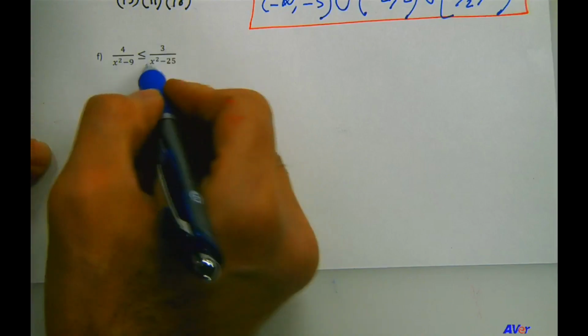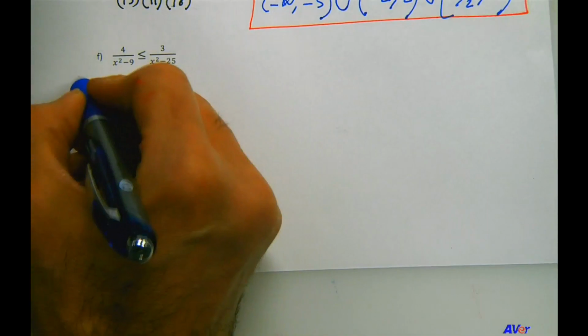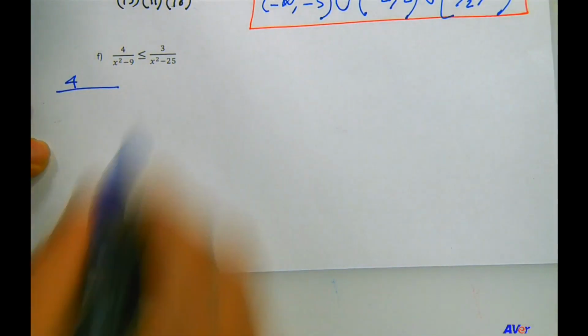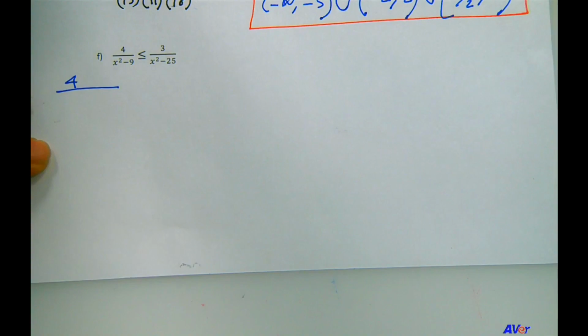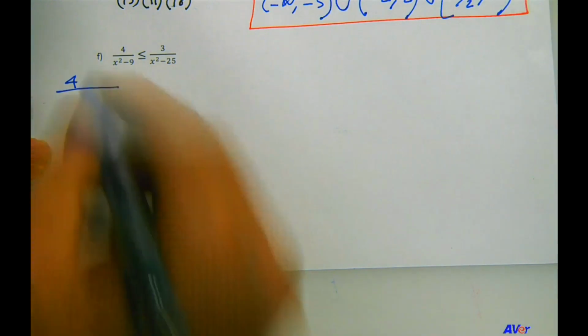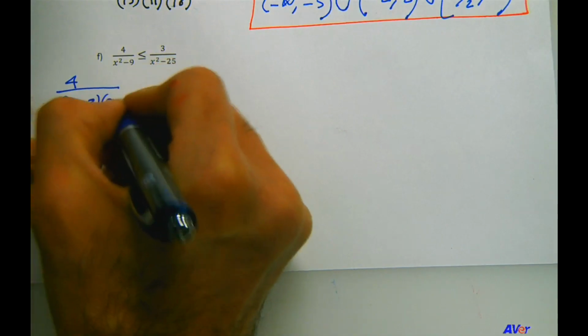So the first thing I would do is move everything to one side and set the other side equal to 0. So 4 divided by, because my space is limited, at the same time I'm doing this, let me factor the denominator as well. Right? Let's do that. So that's x plus 3 times x minus 3.